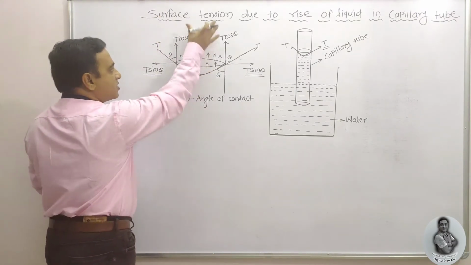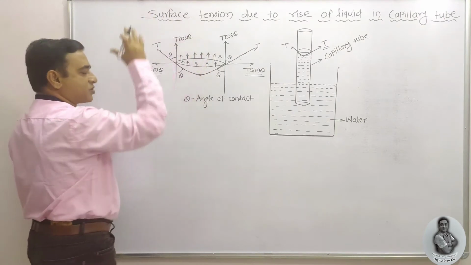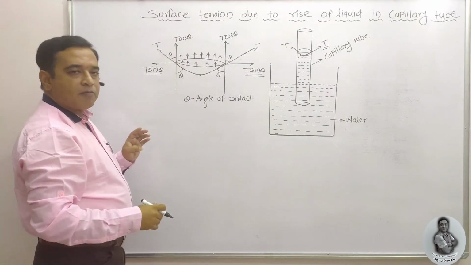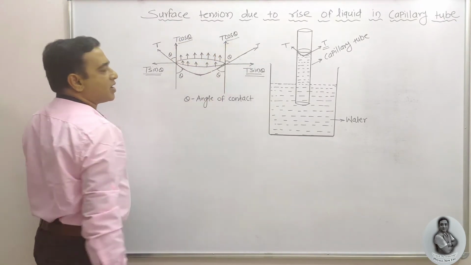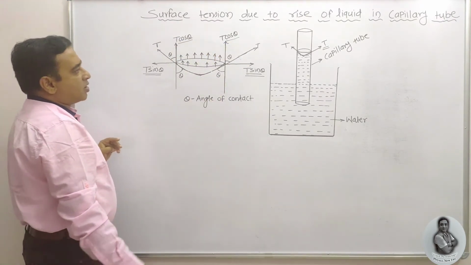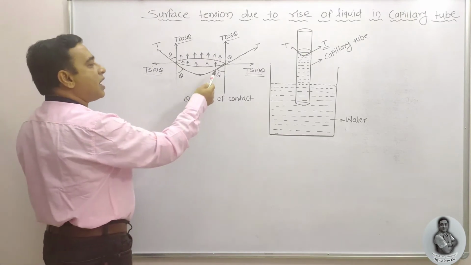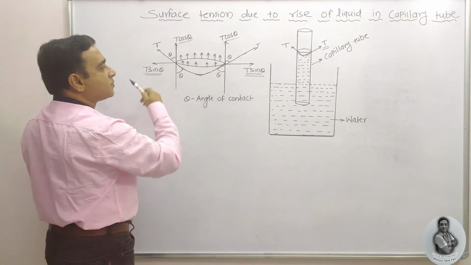So this provides upward force. This provides upward force, means T cos of theta provides an upward force. But how much is the total force acting on the surface?